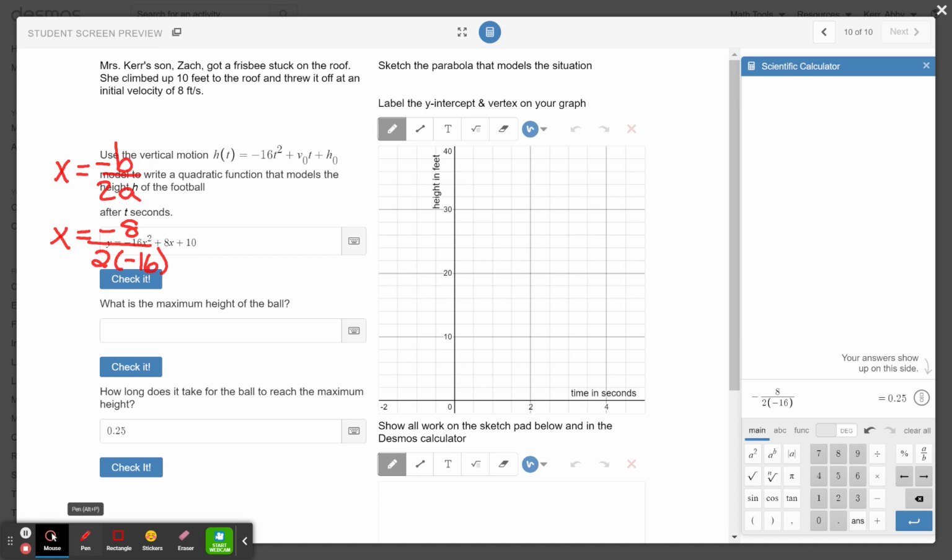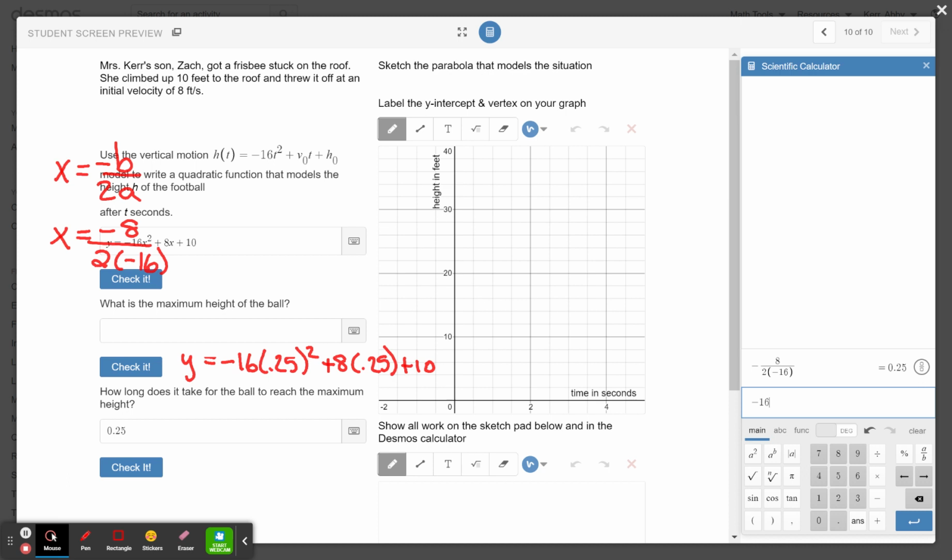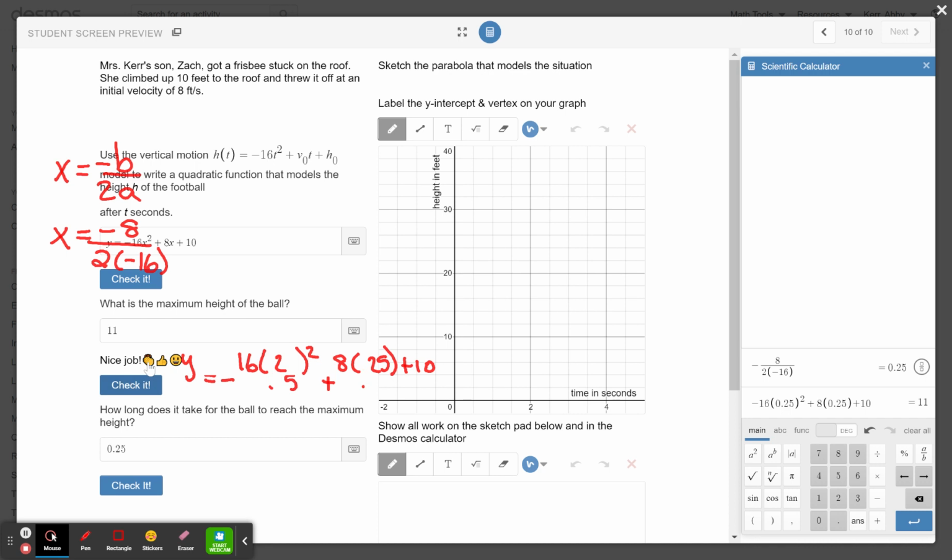We plug that in. Don't forget the y-intercept. And then we'll graph it all in a minute. Negative 16, 0.25. Don't forget to square it. So then the max height is 11.